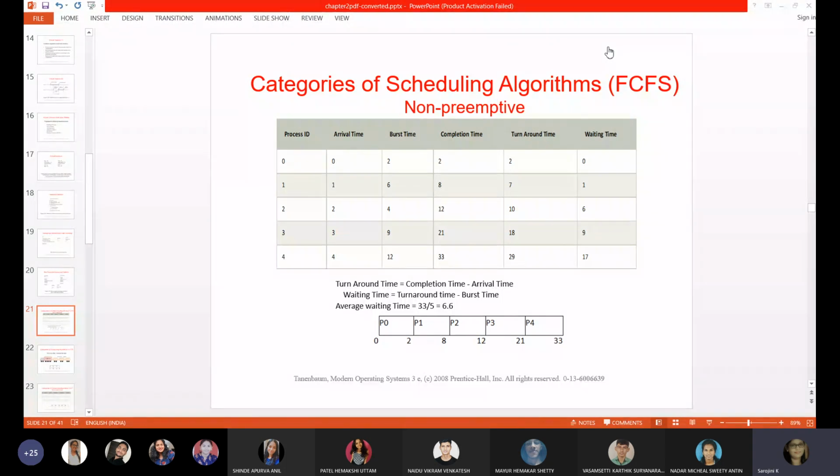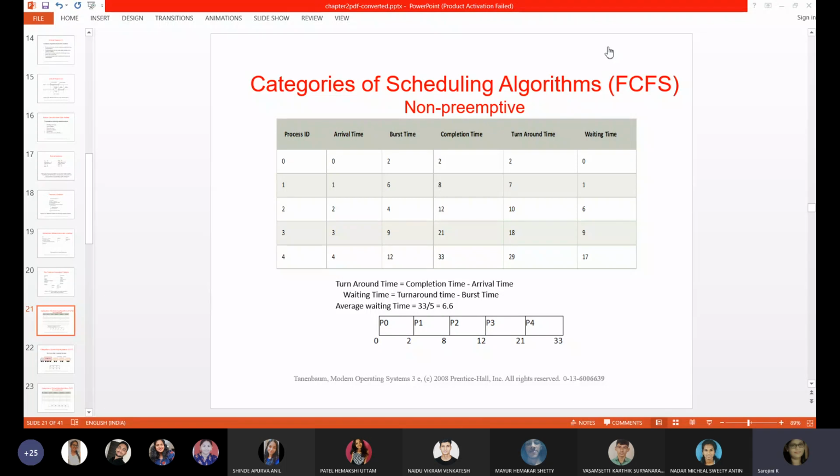In a ready queue, that means in ready state, there will always be more than one process in a multi-processing system. So when more processes are there in the ready queue and the ongoing process exits, the operating system should decide which process from the ready queue will go to the CPU.